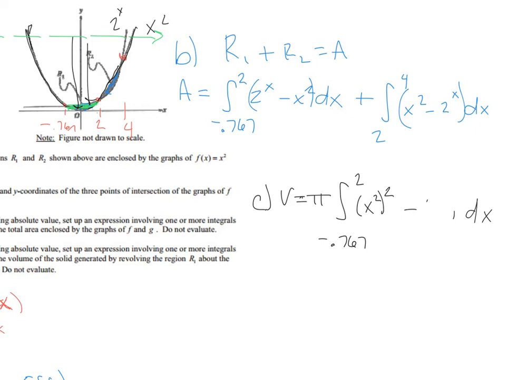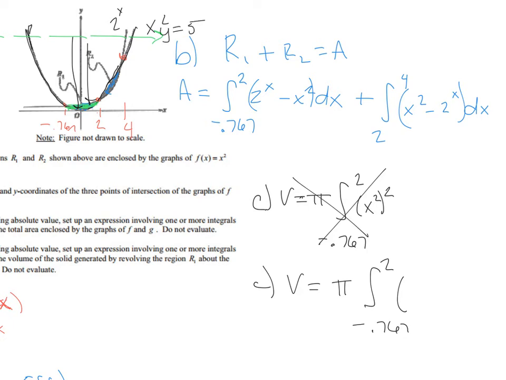So I should probably change all this up, because I know that I'm going to have an incorrect integral. So this is incorrect. I'm sorry for making this slight mistake, but at least you can see that you need to realize that y equals 5 comes into play. So it's pi times the integral from negative 0.767 to 2. And because it's from the line y equals 5, my axis of rotation changes how the washer method is set up.